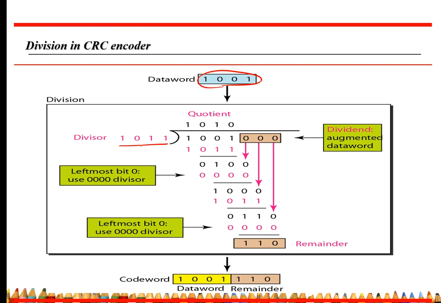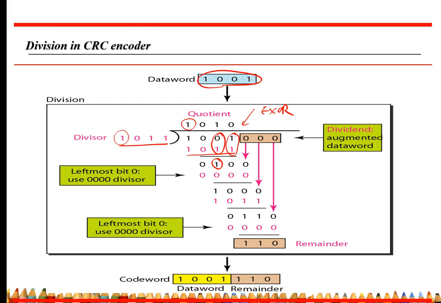There are 4 bits, and the first bit is 1, so we multiply 1 times 1011. If the two bits are the same, the value will be 0, and if different, then 1. So it's a kind of exclusive OR calculation, right? And then 0 0 1 0 0.